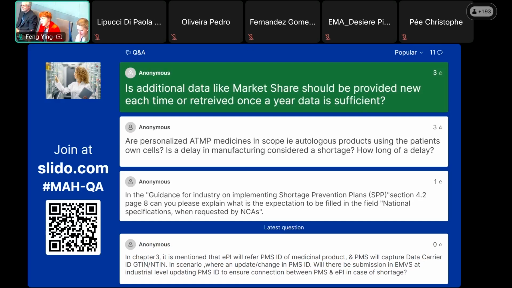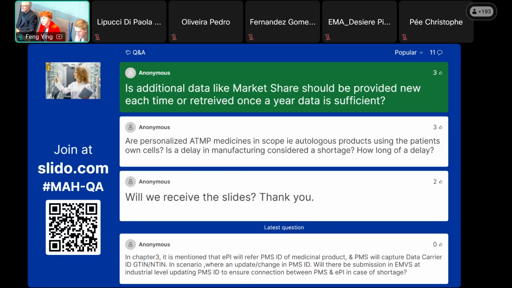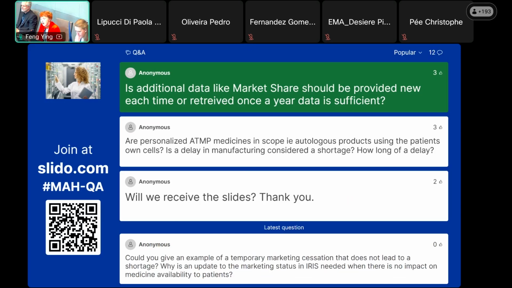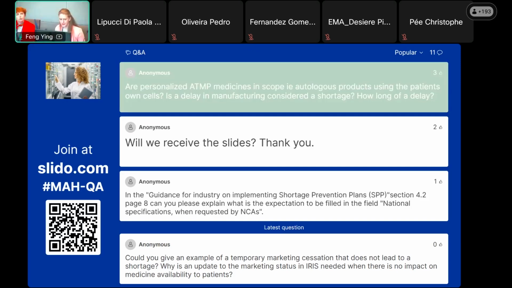Of course, do provide all the data that you can when you're doing the submission, so it is easier for us to have that all in one place, because every shortage we're looking at as a standalone entity. Of course, we might be looking at what previous shortages were happening for that product, but please do give us all the fresh information every time that you're submitting a report. Okay, thank you very much.